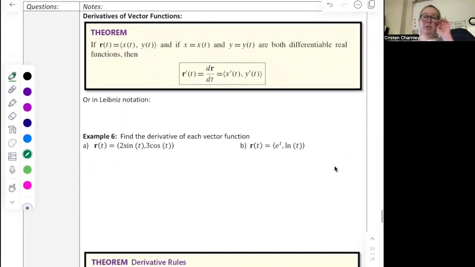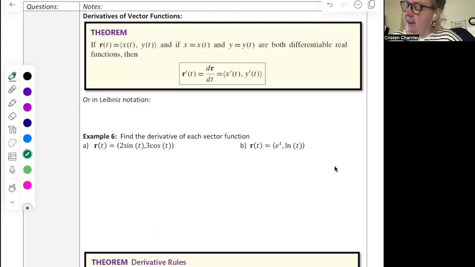Now, great. We know what vector defined functions are. Let's do some calculus with them. So the derivatives, these are going to be good, I promise. If r of t is equal to x of t, y of t, and if x equals x of t and y equals y of t are both differentiable real functions, then the derivative of the vector is just the derivative of the two components, which is so, so, so nice.